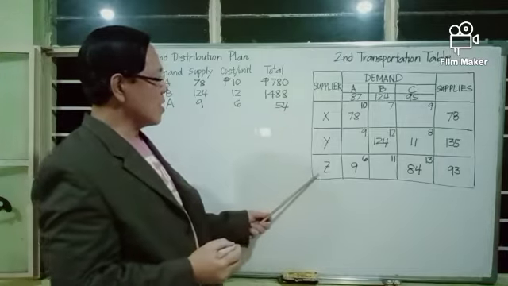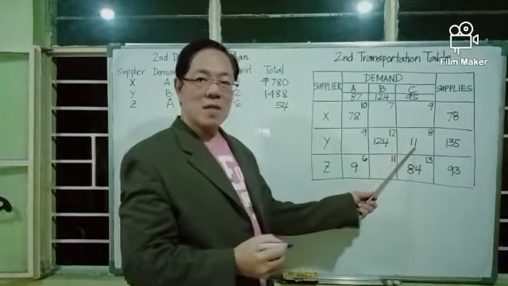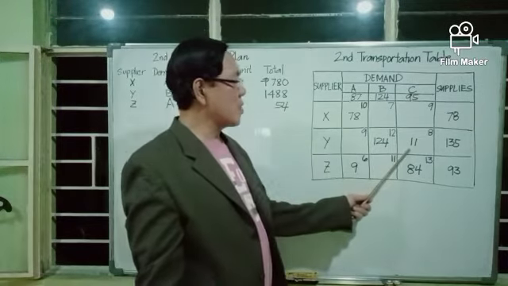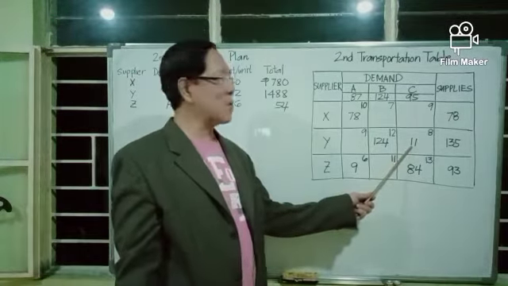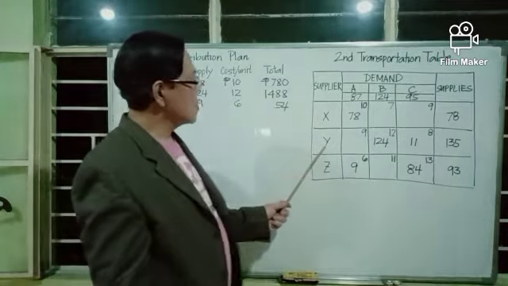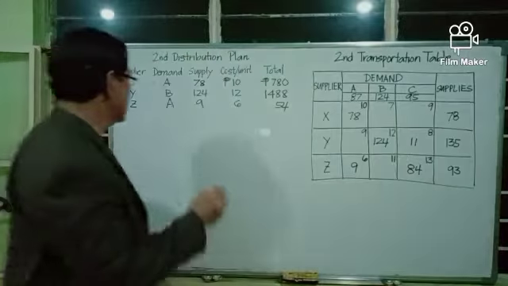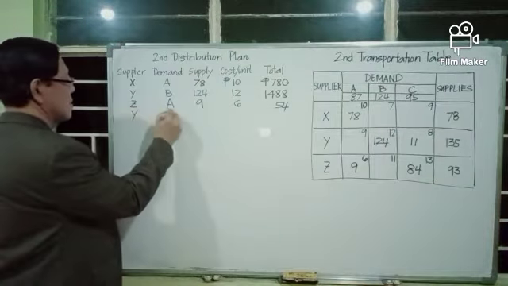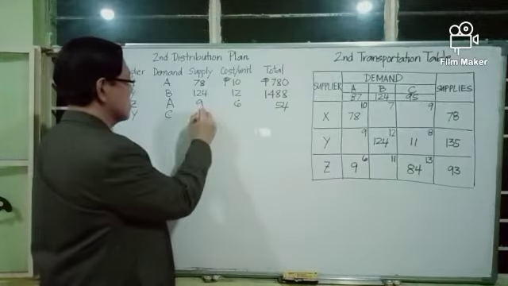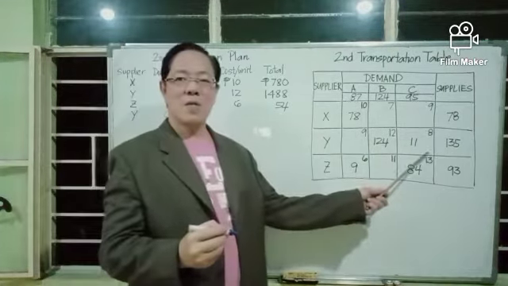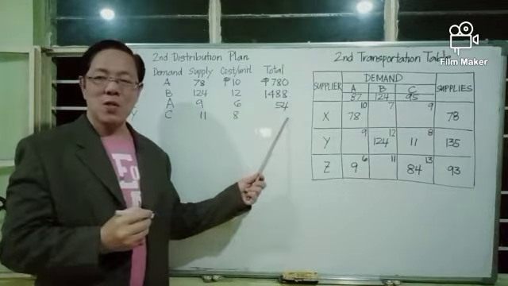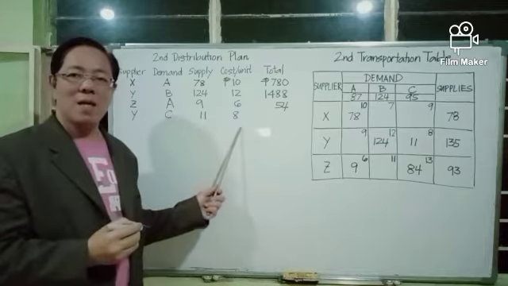The next occupied cell is this cell, 11 units from supplier Y to customer C. We deliver 11 units at 8 pesos per unit. For the total cost of 11 multiplied by 8 is 88.